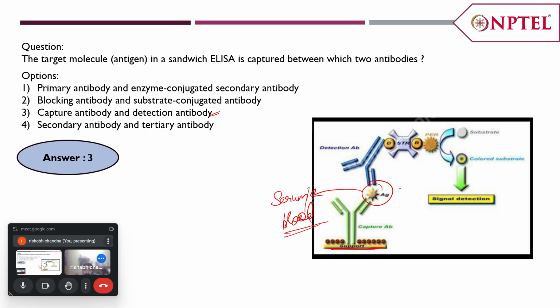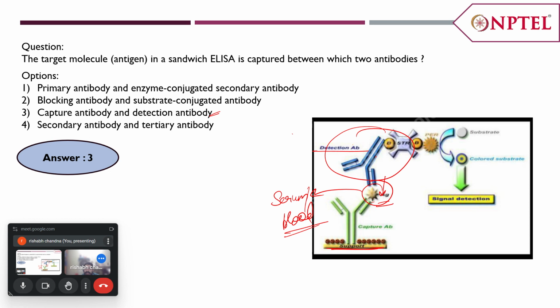Now for the detection of that particular antigen, we add a detection antibody that is linked to an enzyme. This enzyme would have a particular substrate that will give us some color or a light that we'll be able to detect, showing whether our detection antibody is bound or not.